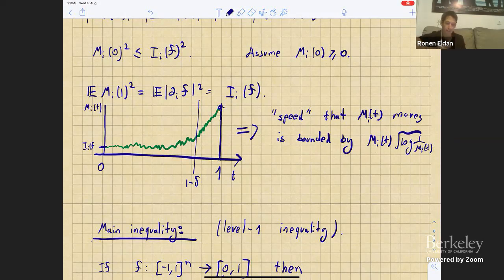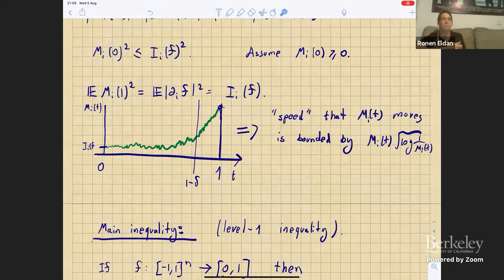I didn't exactly say what speed means, but speed is just the square root of the derivative of the quadratic variation. If you discretize this and think about the size of jumps of the martingale, the size of jumps will be bounded by this thing, meaning that as long as the martingale is small, the jumps it's making are also small. Now, the martingale starts from a very small value, supposing that most influences are small.